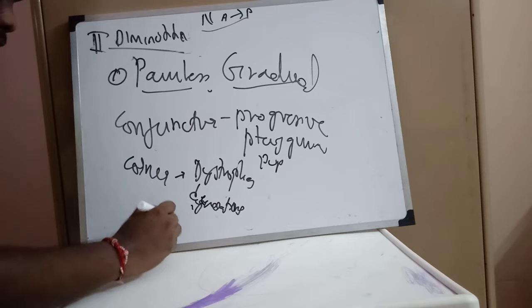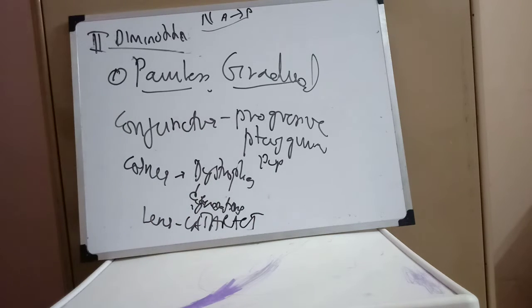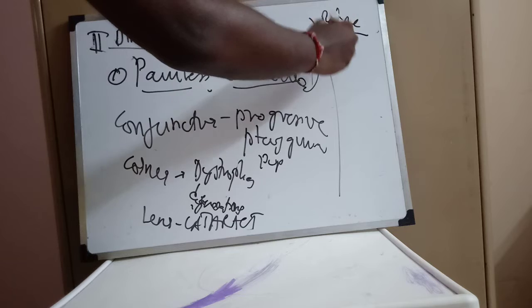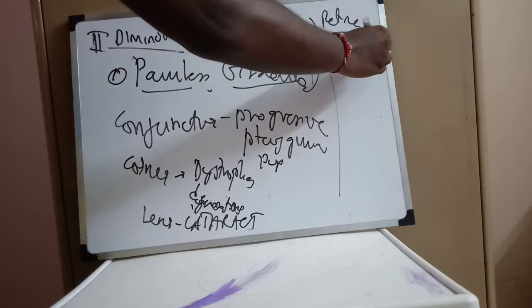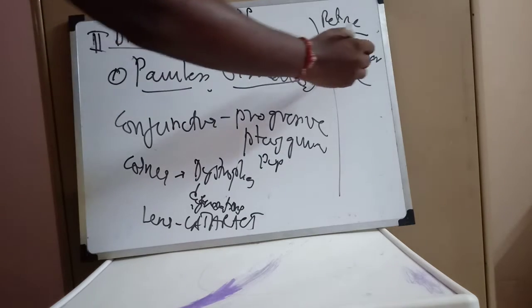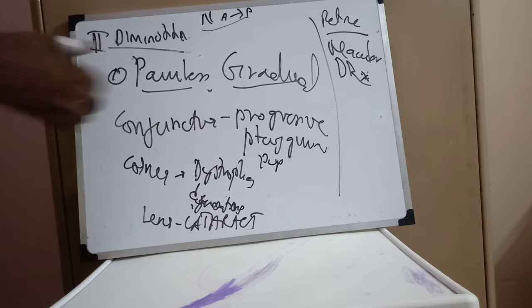In the lens, of course, you can have cataract. Cataract is the most important for us. And in the retina, you can have macular degeneration and dystrophies. You can also have diabetic retinopathy. Diabetic retinopathy is the most important in our country.